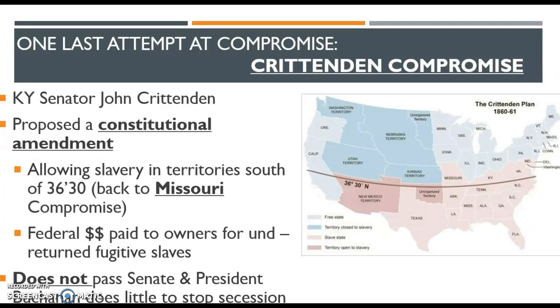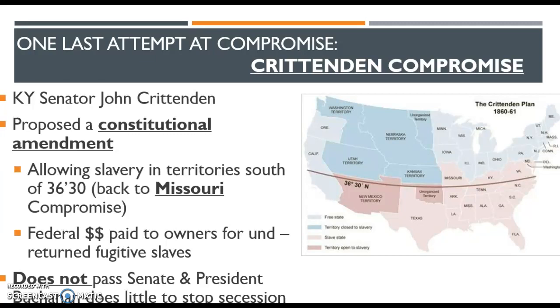In the Senate, we will see a senator named John Crittenden make one last attempt at compromise. Note, he again is from one of those middle states that would be most impacted by the fighting. He proposes a constitutional amendment that would address both the issue of territorial expansion and the conflict over the fugitive slave law. To address territorial expansion, Crittenden proposes we go back to the 36°30' line. 1820, Henry Clay, it worked for a couple decades, let's go back to that.